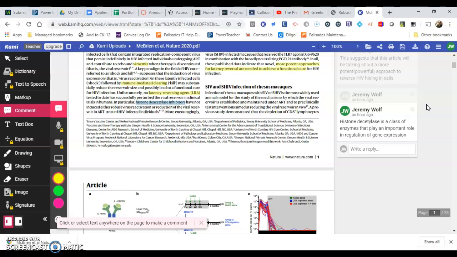And so this latency reversing agent, the thing that helps to reverse the virus hiding in cells, is specifically a histone deacetylase inhibitor. So it's working with gene expression, right?